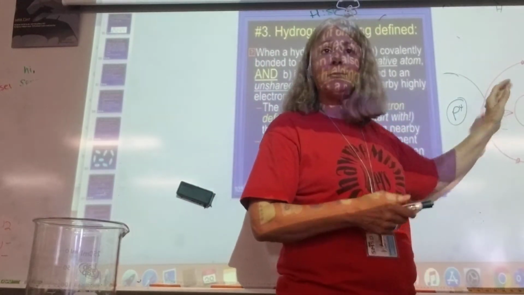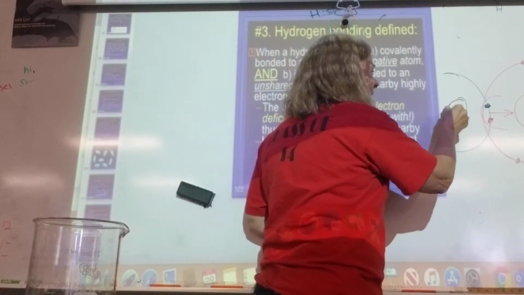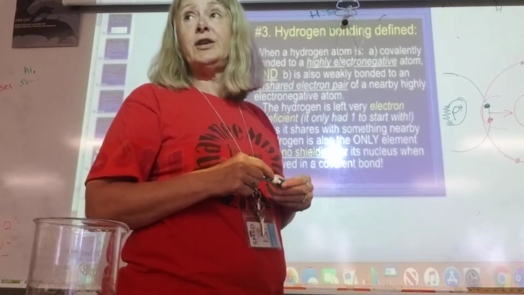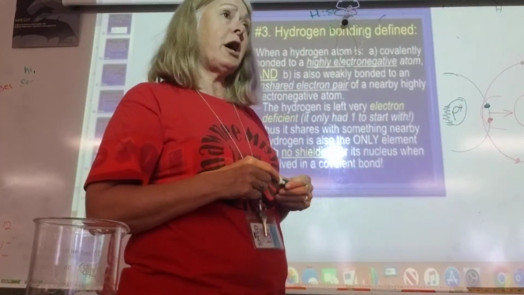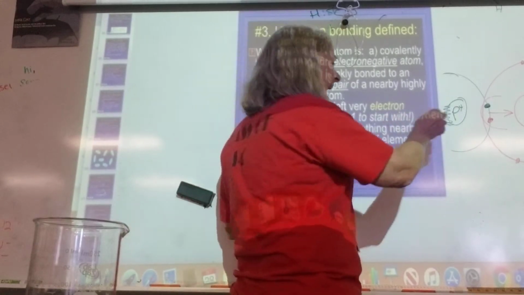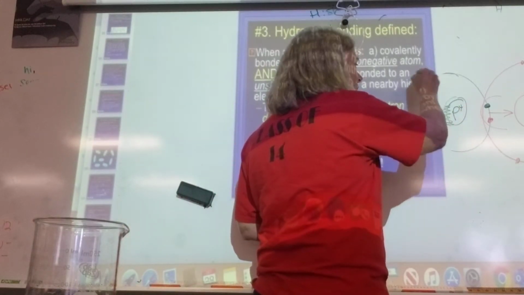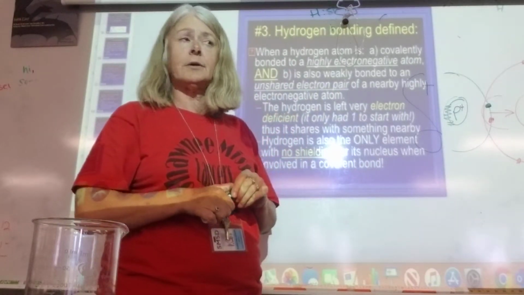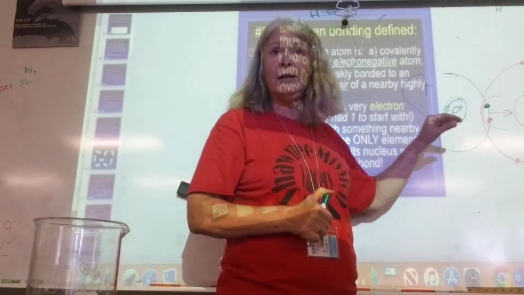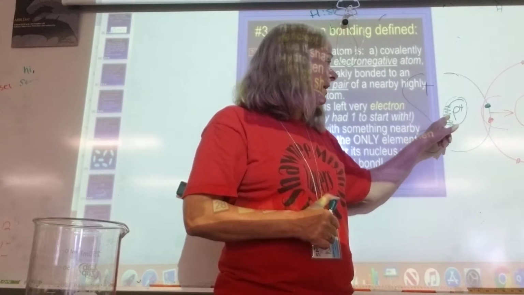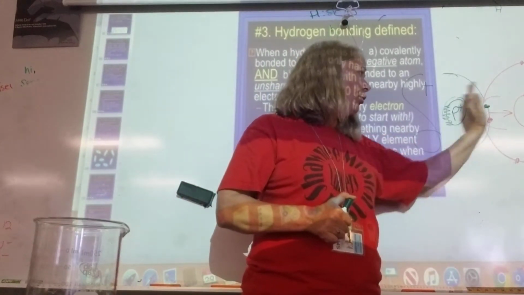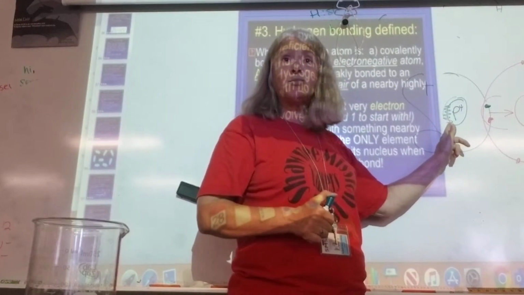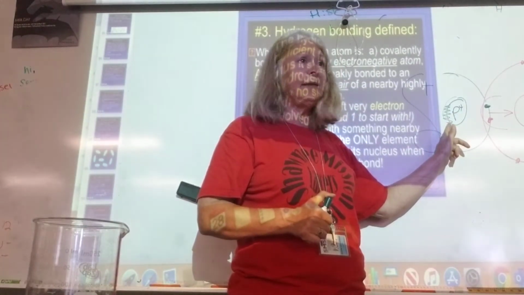It's spending its time over there. So what's exposed right here? A proton, which is positively charged. So the positive part of this, since this is hydrogen bonding, is very electropositive, very electron deficient. Because not only did this electron get pulled this way, after it got pulled this way, I've got an exposed proton right here. It's the only element that does that.